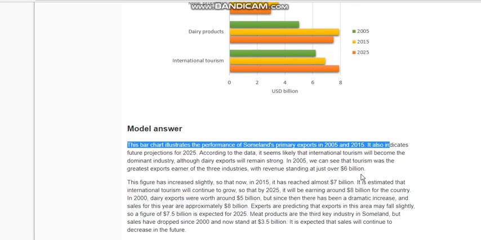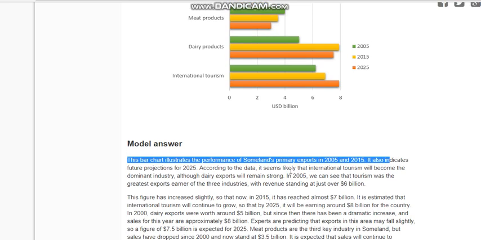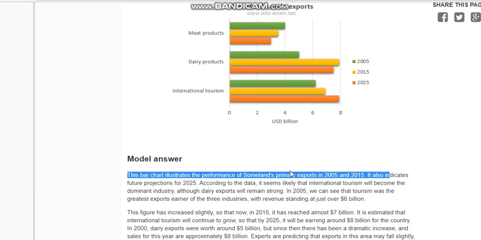According to the data, it seems likely that international tourism will become the dominant industry, although dairy exports will remain strong. In 2005, we can see that tourism was the greatest exports earner of the three industries, with revenue standing at just over 6 billion. So in 2005, the green one.